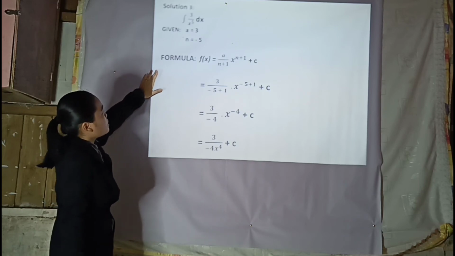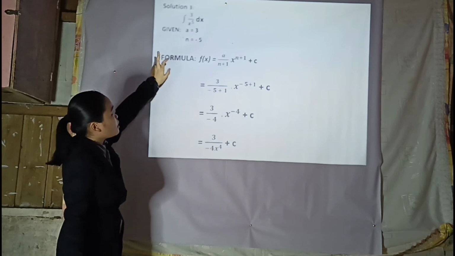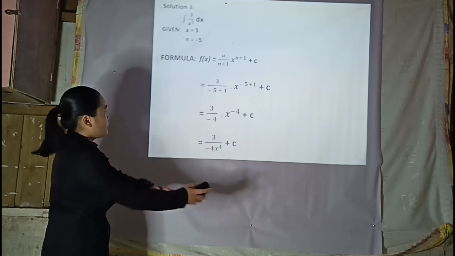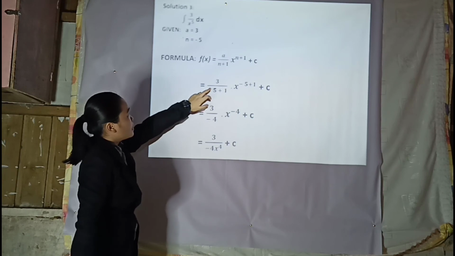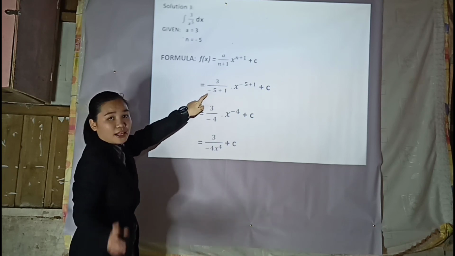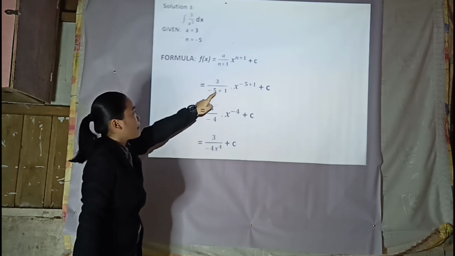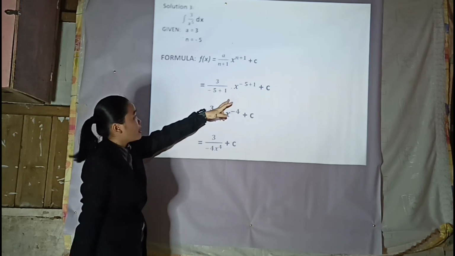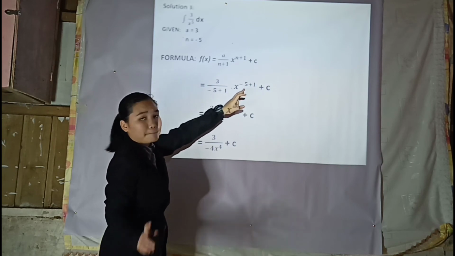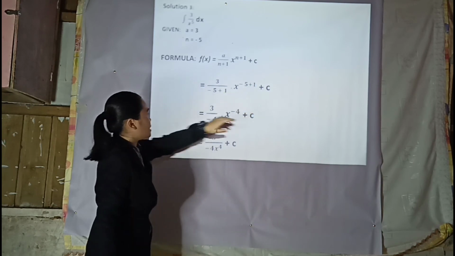So, we have to substitute the value of a and n in the formula. So, we have 3, which is the value of our a, over the value of our n is -5 plus 1 times x raised to the power of n, which is -5 plus 1, plus c.